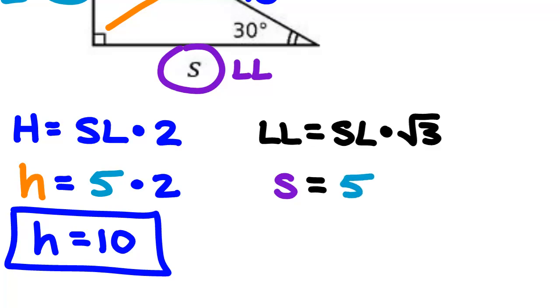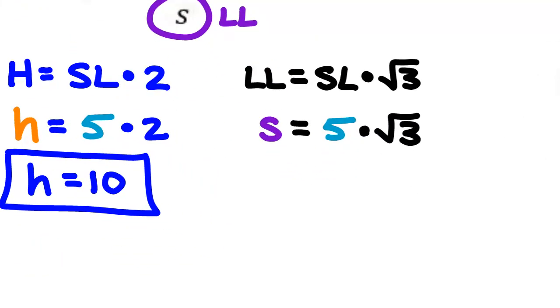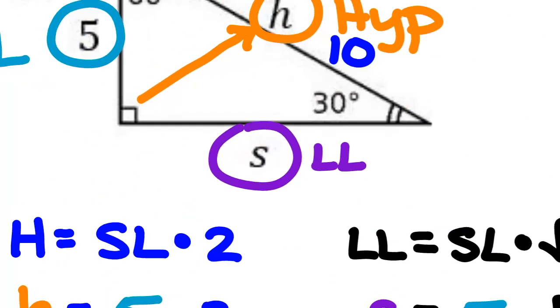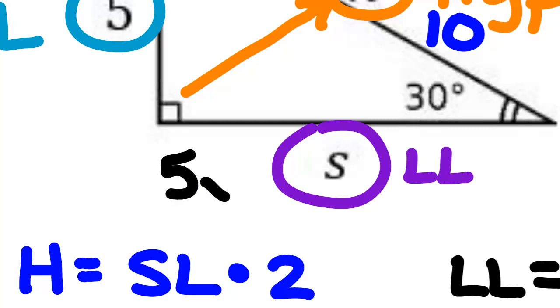Five times the square root of 3. And when I have a whole number multiplied to my radical, we don't normally write the multiplication symbol down in between them. So that means side S, which is the long leg, is equal to 5 square root of 3. I'm going to go and add that to the picture. This side is 5 square root of 3.